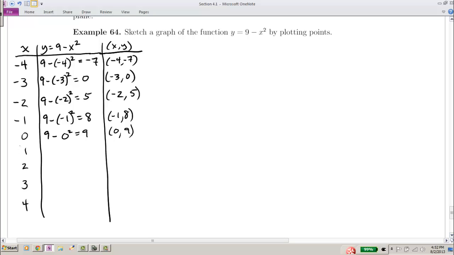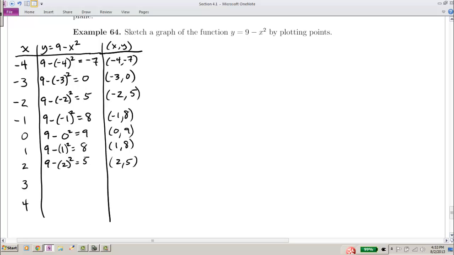And now when we plug in the rest of these values, we'll probably notice a little bit of symmetry. 9 minus 1 squared is 8. 9 minus the square of 2 is 5.